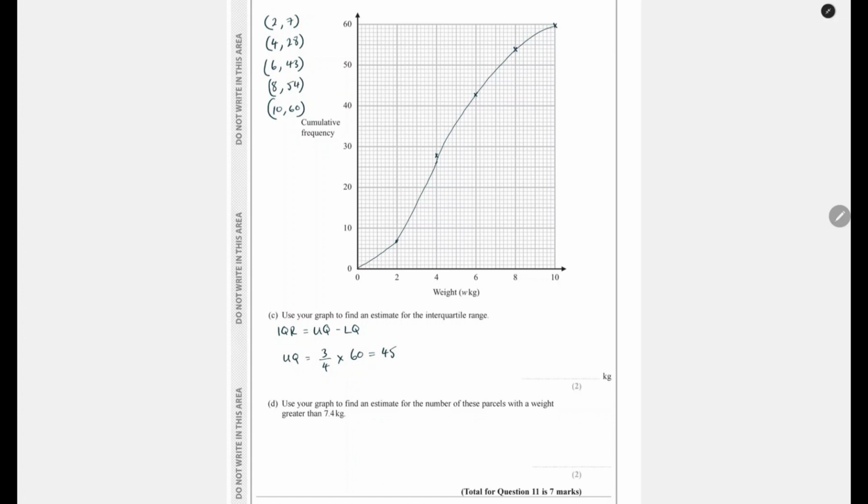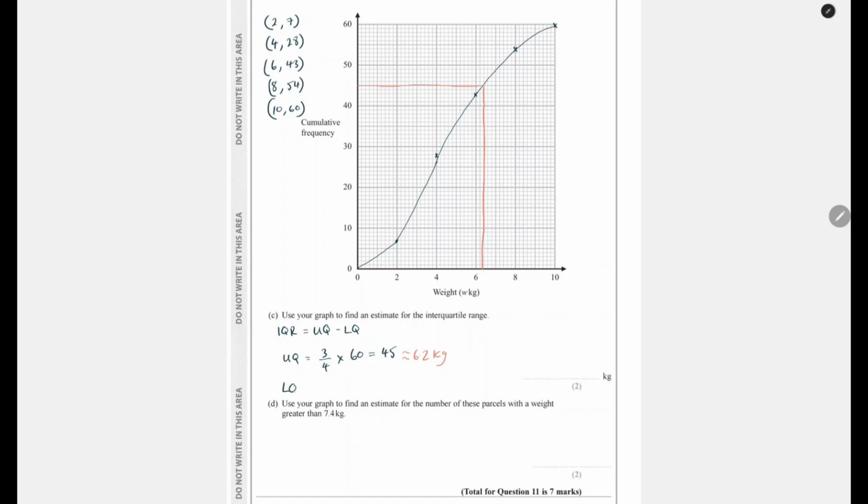And so if we look on our graph, we find 45 is there, and if we go down, that equates to 6.2 kilograms.